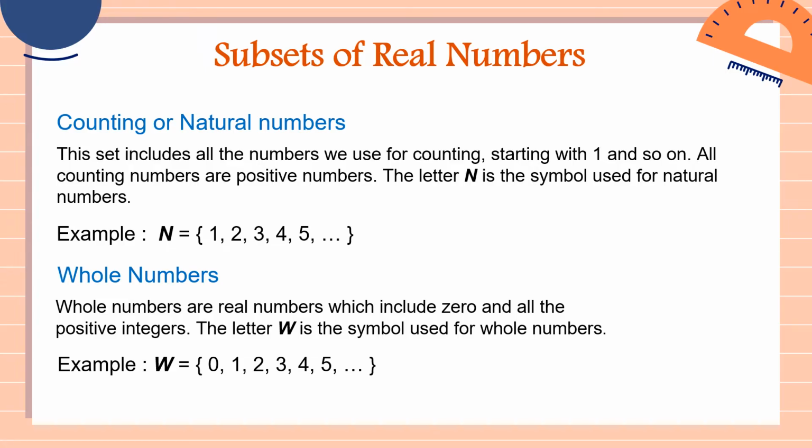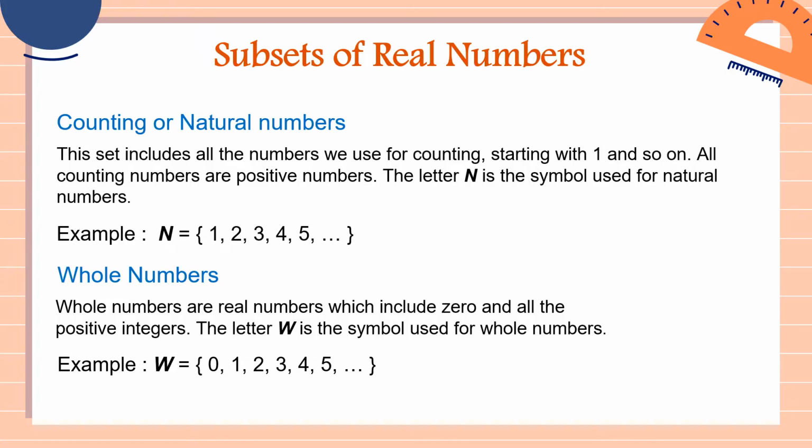Now, what would be the difference between the counting numbers and the whole numbers? For counting numbers, you start at 1 and then all positive numbers. For whole numbers, you start at 0 and then all positive numbers. So therefore, class, we can say that counting or natural numbers are a subset of the whole numbers.